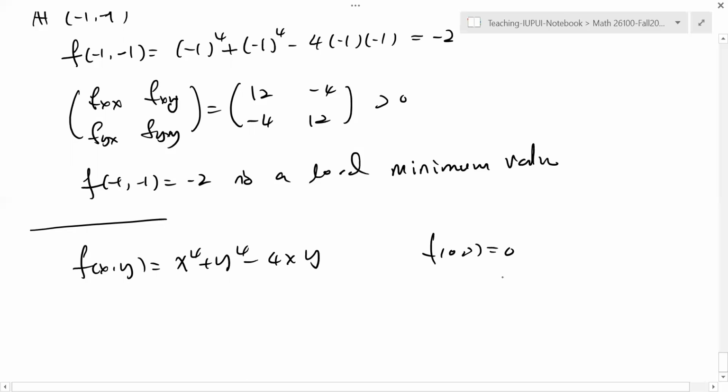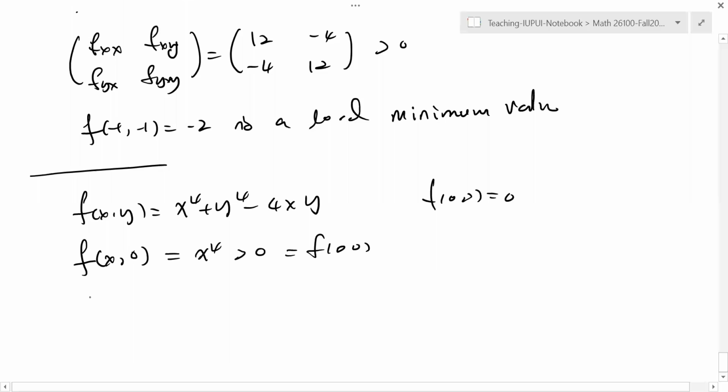Okay, let's take a look along the x-axis. Along the x-axis, y is going to be 0, right? So it's going to be x to the fourth. This is positive, which means the graph is above that point. Along the y-axis is the same.